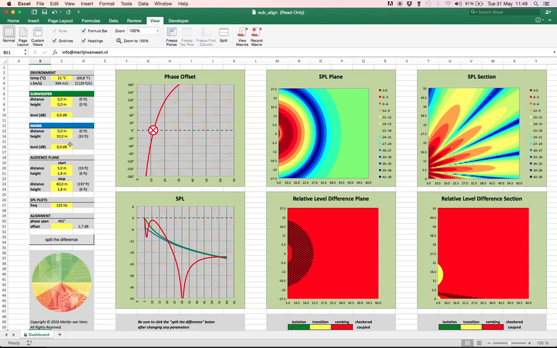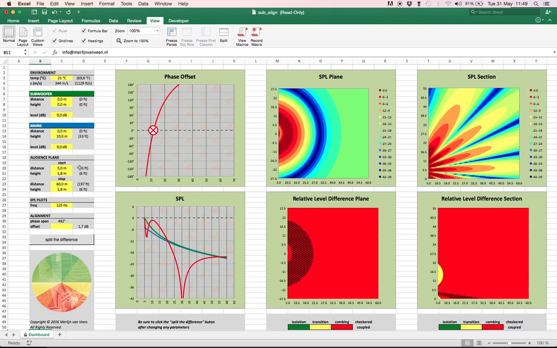The main speakers, on the other hand, are sitting at 0 meters distance and an altitude or height of 10 meters. So in the vertical plane, there is a vertical displacement of 10 meters, and this is what causes the issues to begin with.